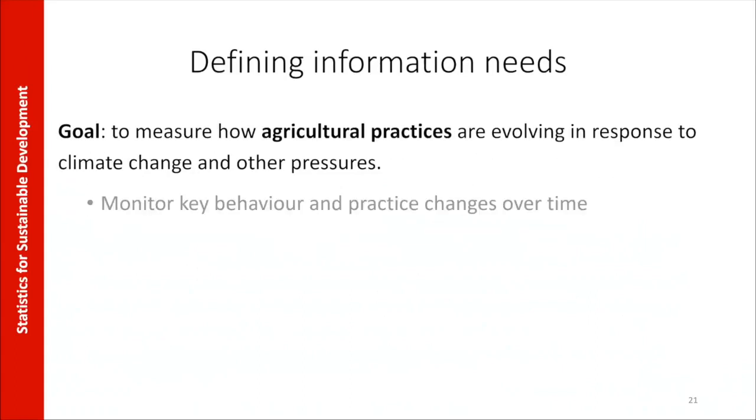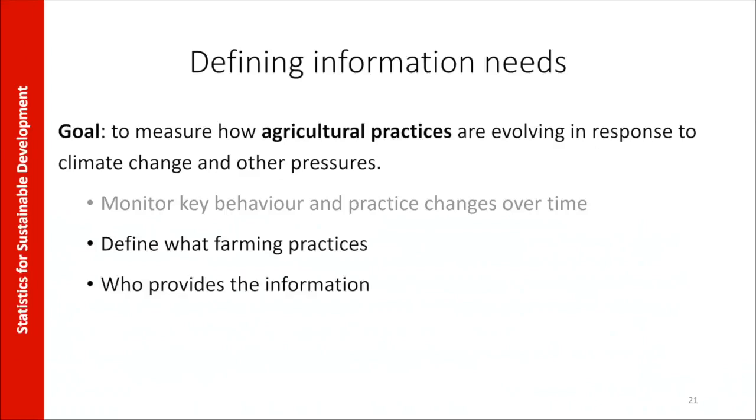The second part of the goal was defining the agriculture practices, and so we want to see which are those agriculture practices or farming practices that are changing, and we also have to define who is going to provide this information.